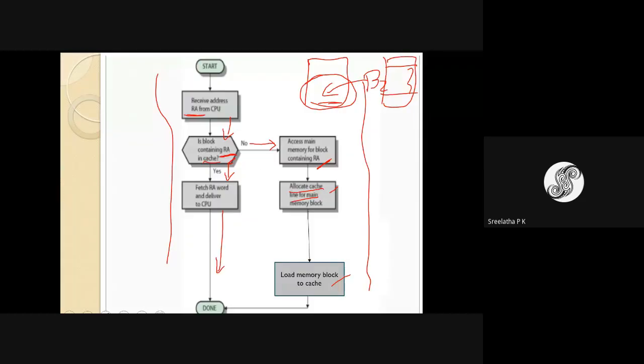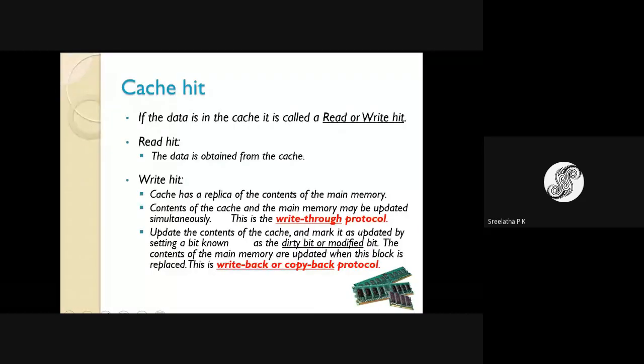Fine. So what happens when there is a cache hit? What is a cache hit? The processor is requesting data for an address location, either to write or to read the instruction from that particular location.